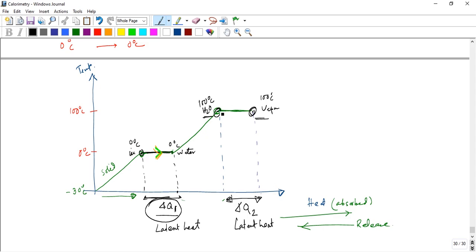If liquid to vapor, it is called latent heat of boiling or latent heat of vaporization. The back process, vapor to liquid, is called latent heat of condensation, where heat is released. Water to vapor, heat is absorbed; vapor to water, heat is released. That is the latent heat.